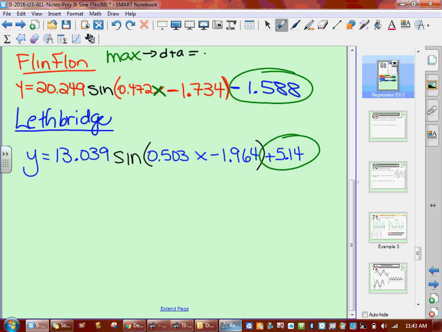So what's that going to give me for my maximum temperature? What is the maximum temperature for Flin Flon? Negative 1.588 plus 20.249. Who has it done? Yes, Marissa.